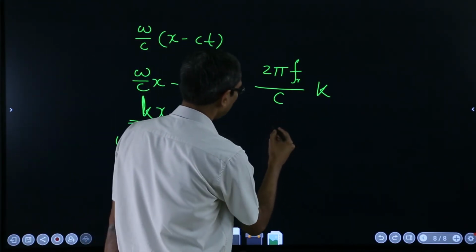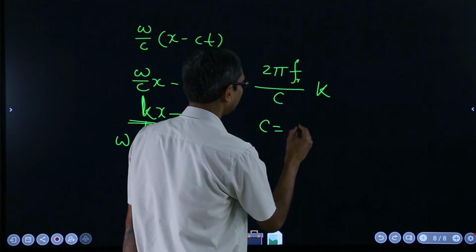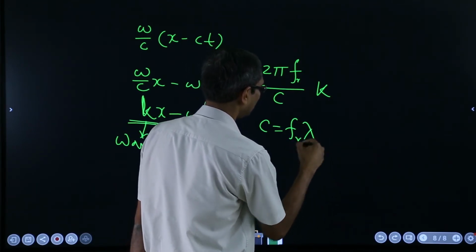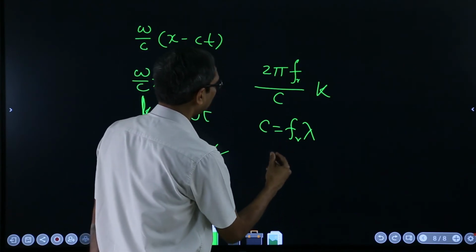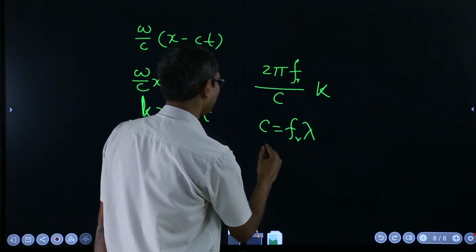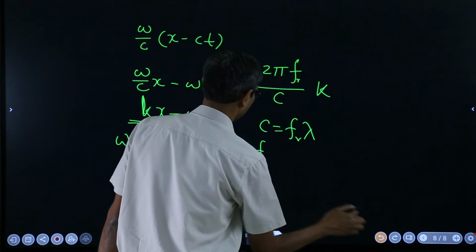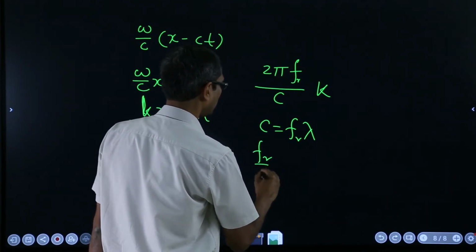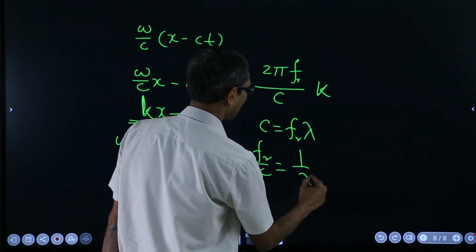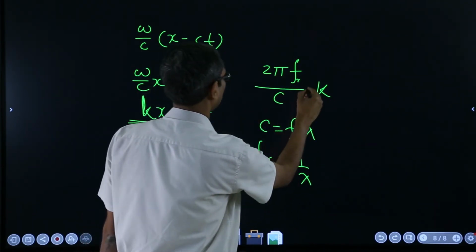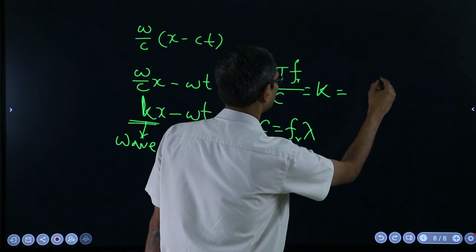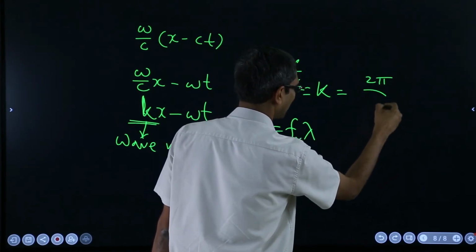Now you know that c is equal to f times lambda. So that means f over c is nothing but 1 over lambda. So this is equal to k. So that means this is 2 pi over lambda.